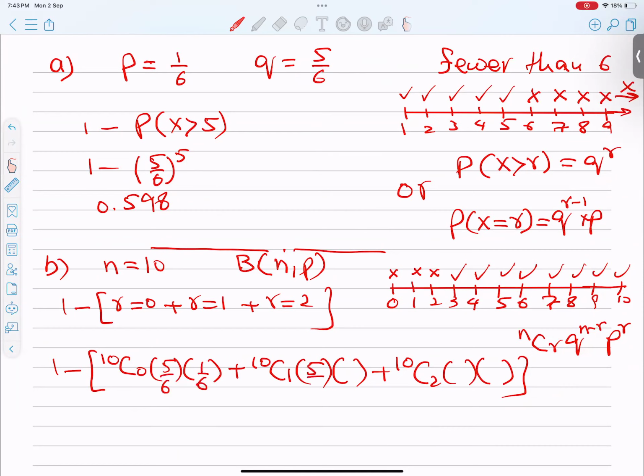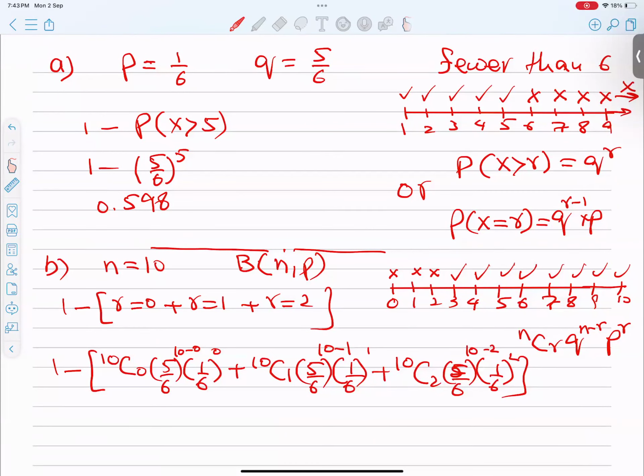Each first bracket is q and second bracket is p. So 5 by 6 and 1 by 6. And what is the difference of n and r for the first power? So here I'm writing 10 minus 0 and 0. Because 10 and 1, I'm writing 10 minus 1 and 1. And 10 and 2, so I'm writing 10 minus 2 and 2.